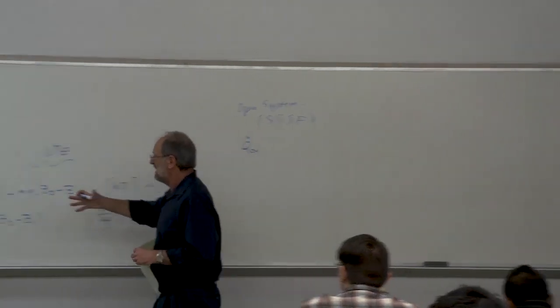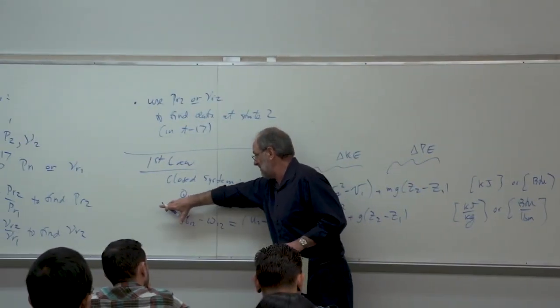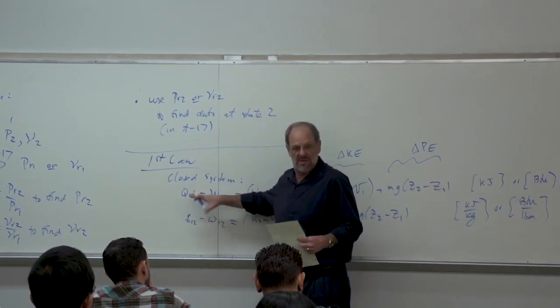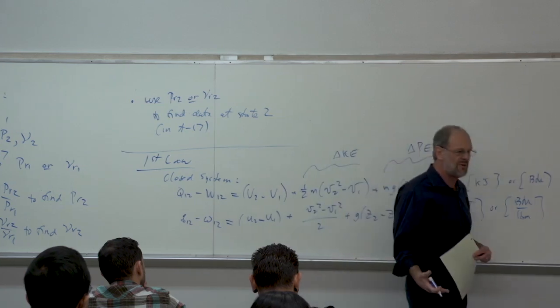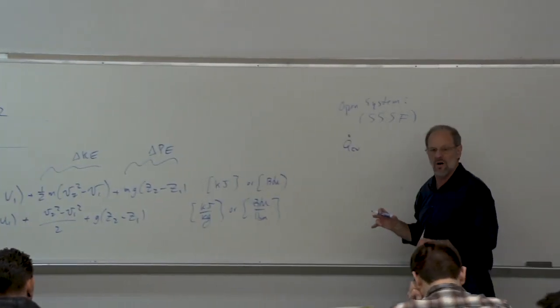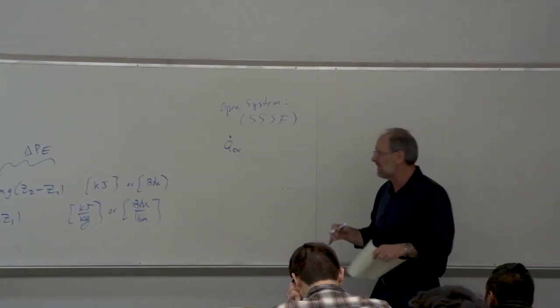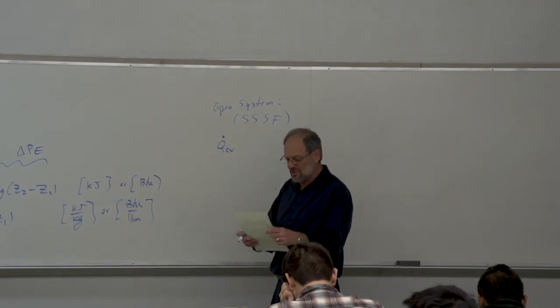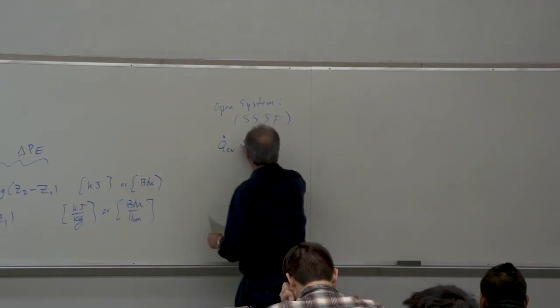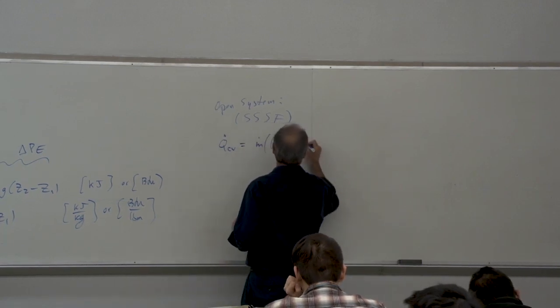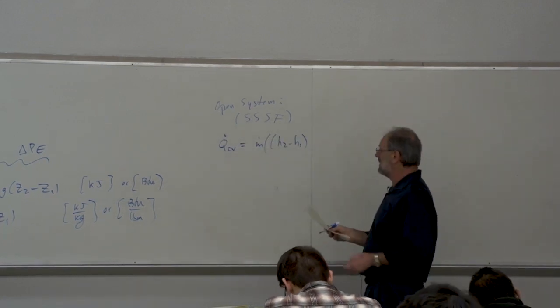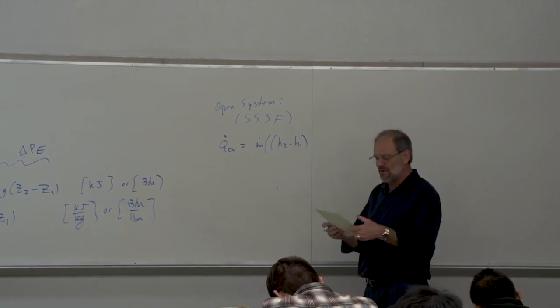For a closed system, it's just the total heat transfer and the total work as we go from an initial to a final point, right? Or total heat transfer and work on a per unit mass basis. Here we're interested in flow, so it's going to be the rate of heat transfer and the rate of work production that have to be included in the equation. So here we have the equation that the rate of heat transfer is going to equal m dot times, and then we have these various terms.